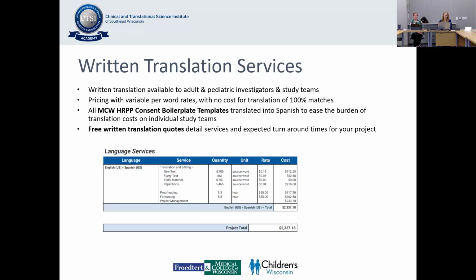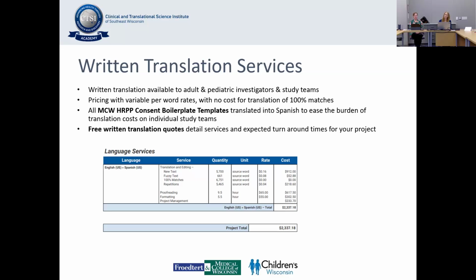So the written translation services portion of this is a pretty straightforward process. I don't know if any of our people on the call or in the room have utilized this version of translation services before. But what happens is you reach out to me directly and just send over that document that you're looking to have translated.